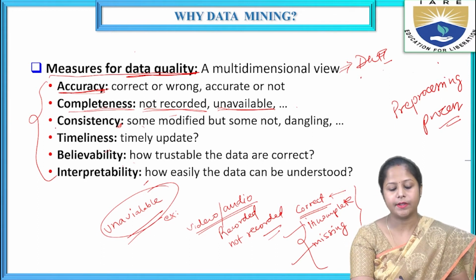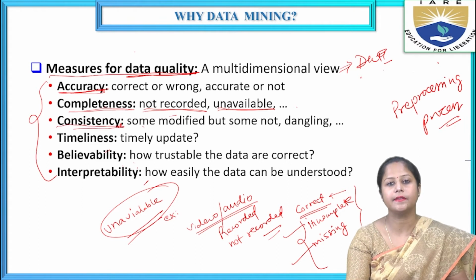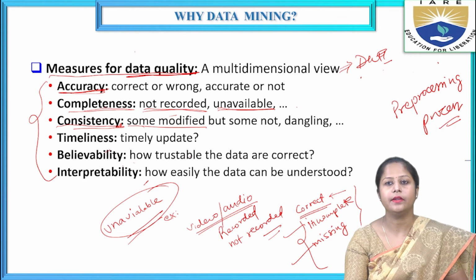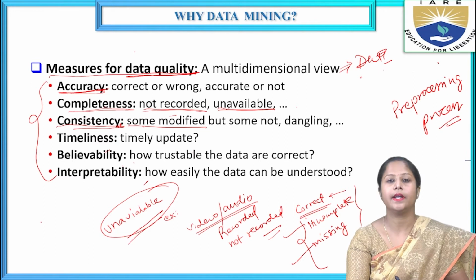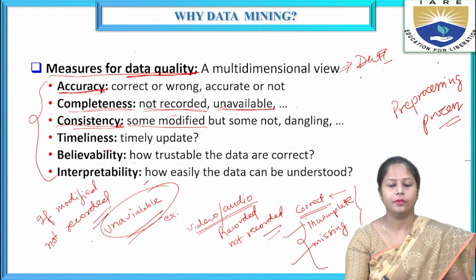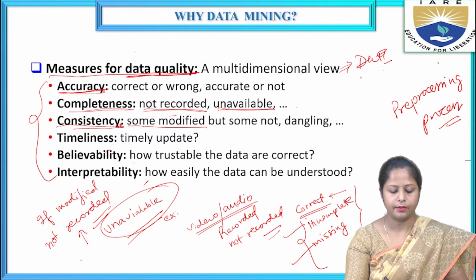Next measure, we will check whether the consistency is there or not. What is consistency here? We will check whether the data is modified or not, and then whether it is recorded or not. If the data is modified and not recorded properly, that is not useful data.